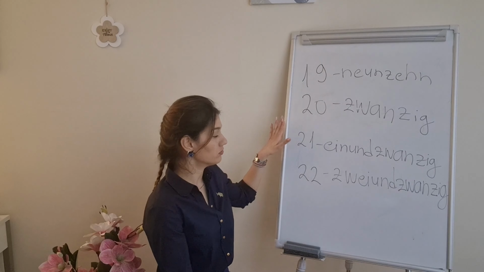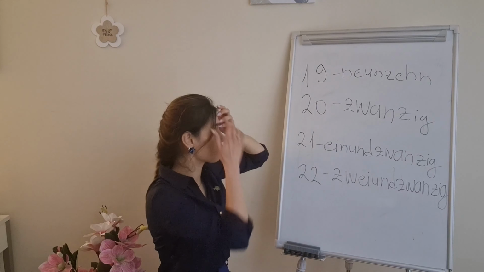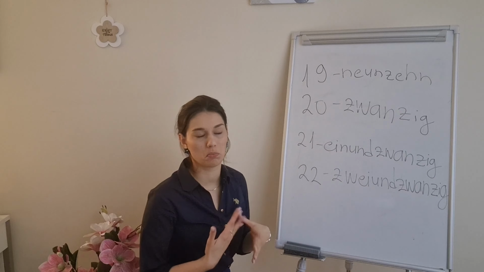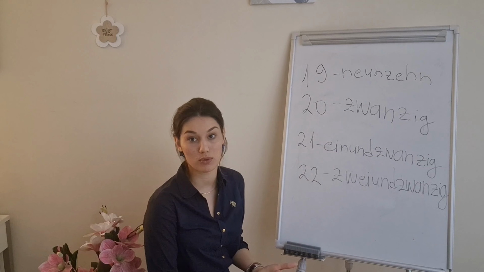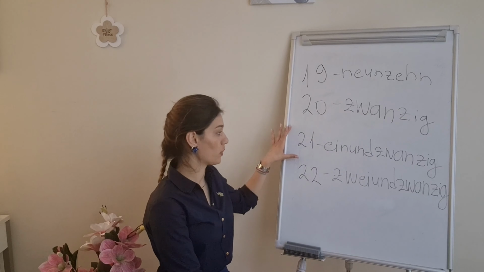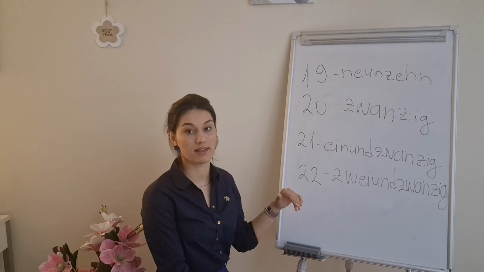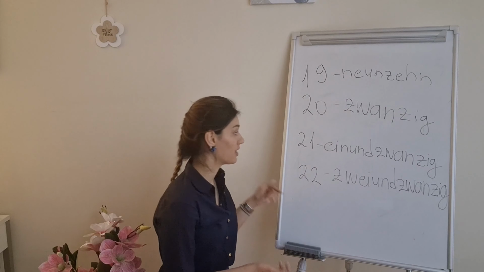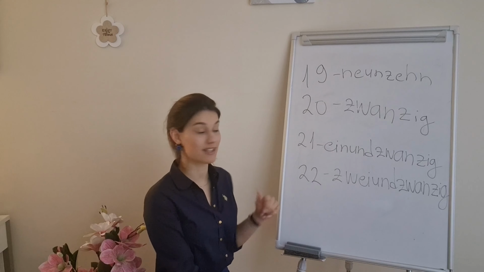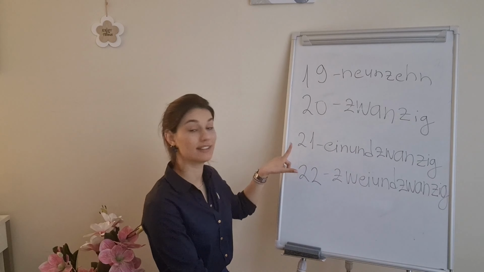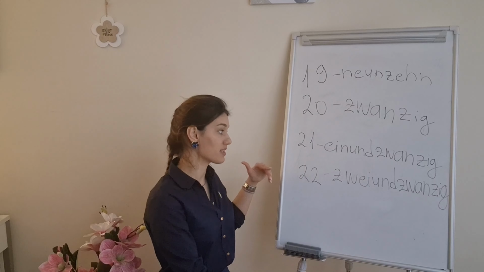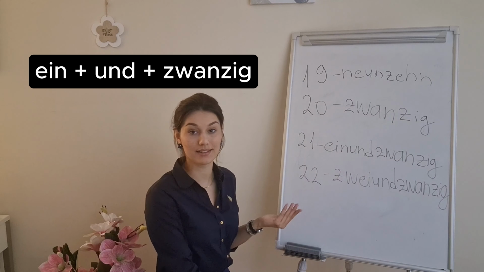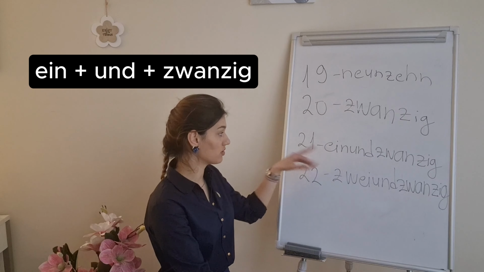So from now to further, it is very important to realize that in German language, it is not the same as in other languages. So 21 will not be read as 20 and number 1. It will be read the other way around. So we will say first the number 1 and then 20. This will sound something like einundzwanzig, where und means and, ein und zwanzig.